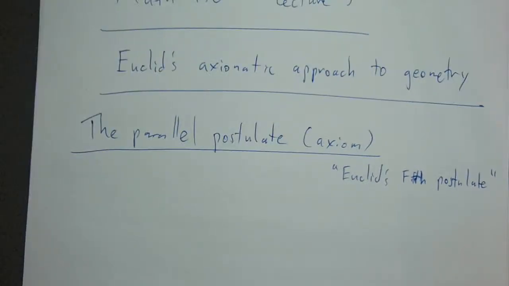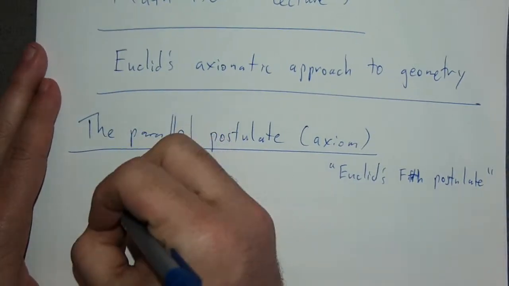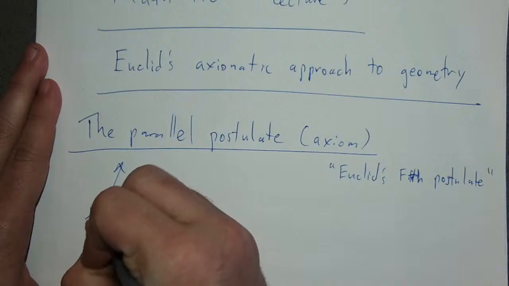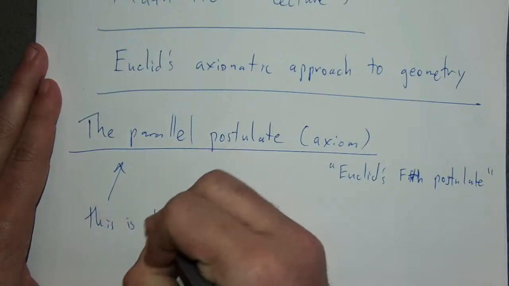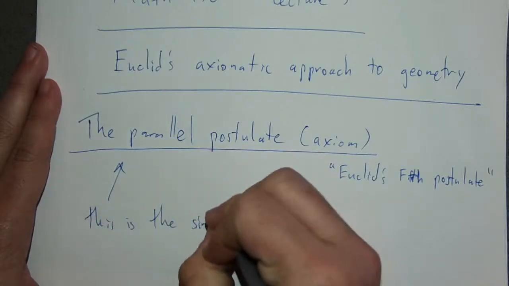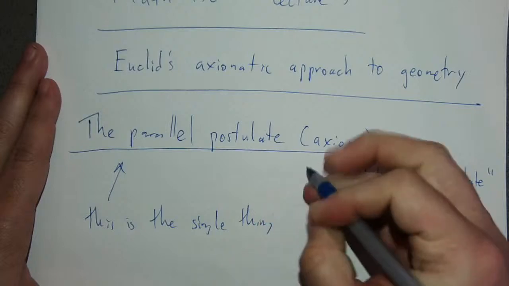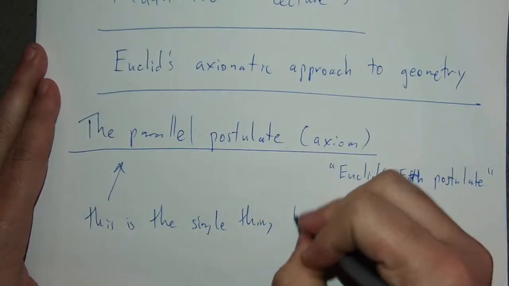This is definitely the most important, as I've said before. It is the single thing that makes Euclidean geometry Euclidean geometry.